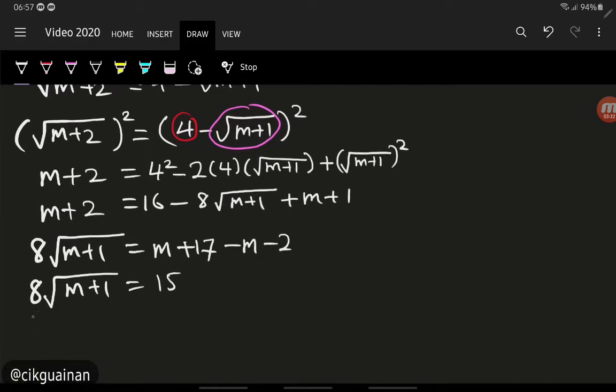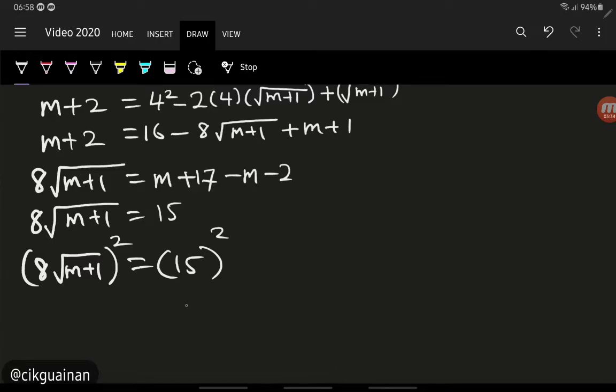This one, we still have a square root, right? We square both sides one more time. So the square root of m plus 1 is squared, and 15 squared, if I'm not mistaken, is 225. Yes, I just checked with my calculator, that's why you hear the thumping sound. 8 squared is 64, m plus 1.